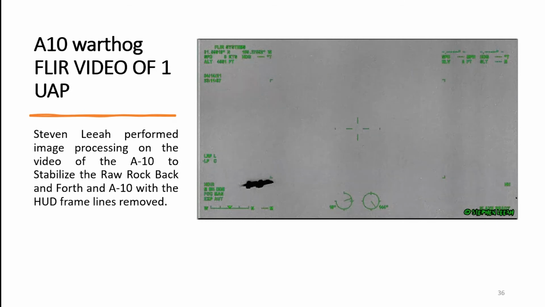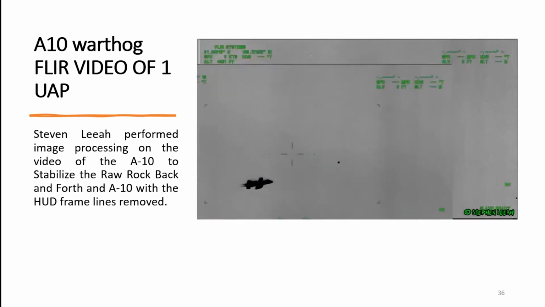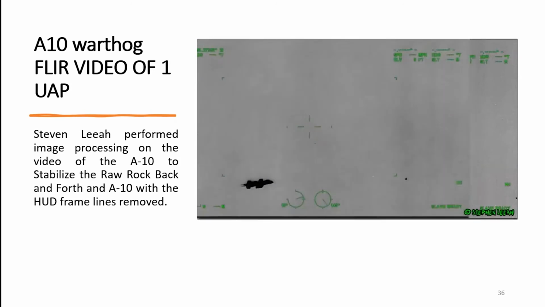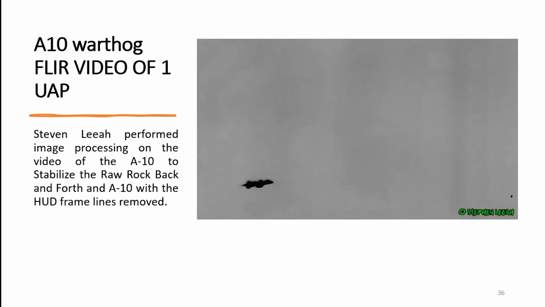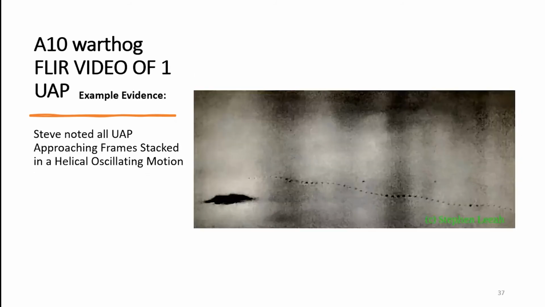You'll see both of those. Steve noted that all the UAP approaching frames stacked in a helical oscillating motion, which he shows here.